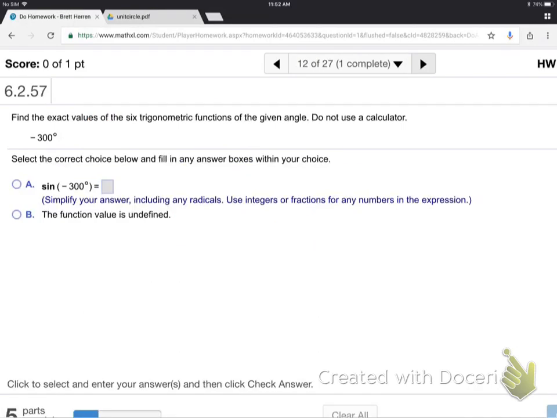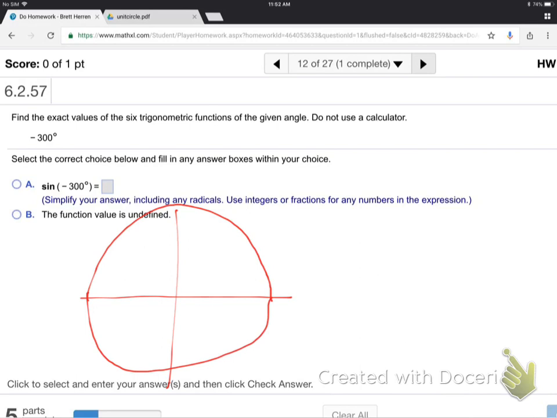Okay, so they want the sine of minus 300 degrees. Again, we've got to really find where that is on the unit circle. Oops, my circles aren't the best.